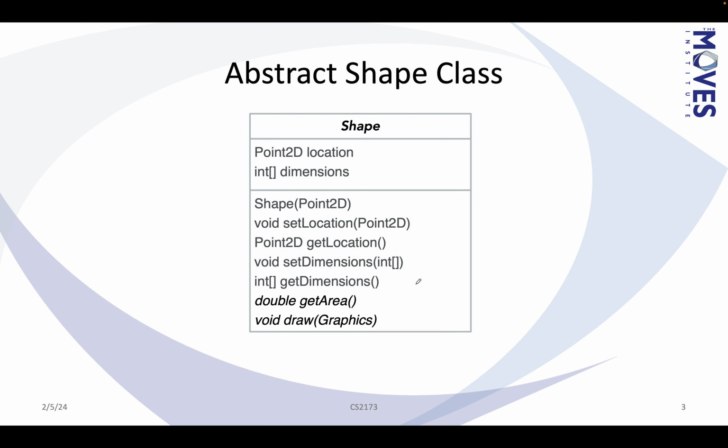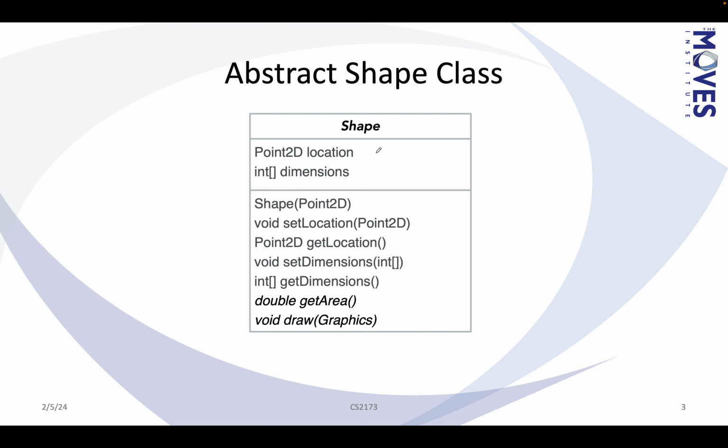So those are the different types of things, and the thought process is: what are the things that they all have in common? And anything that they have in common, you want to make a property of a base class.